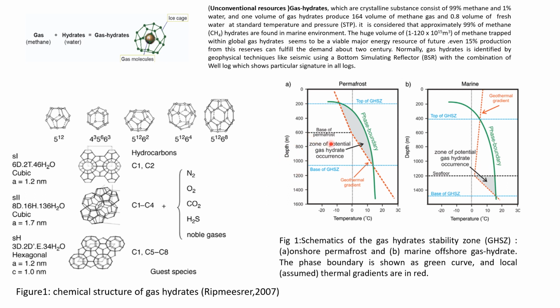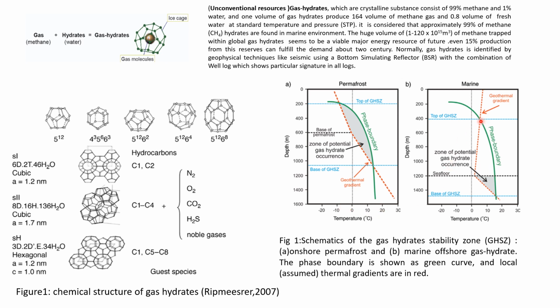We find gas hydrate in both areas: on land we can find it, and normally we find it in the marine environment. On land we find gas hydrate in the permafrost region. Here you can see that the temperature for the gas hydrate stability zone is from -5 to 15 degrees Celsius.